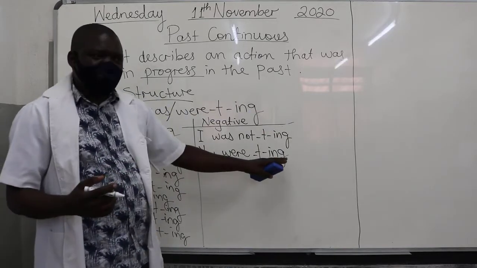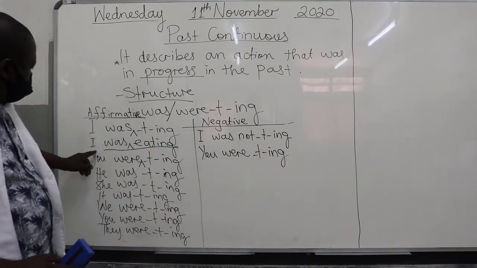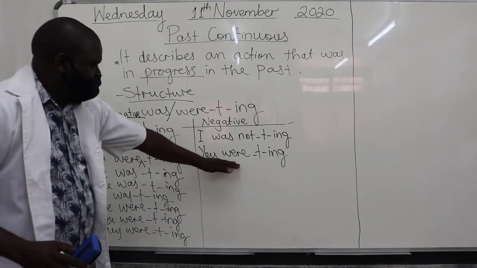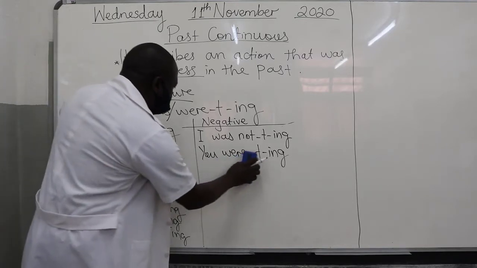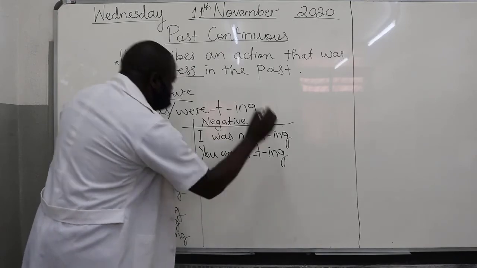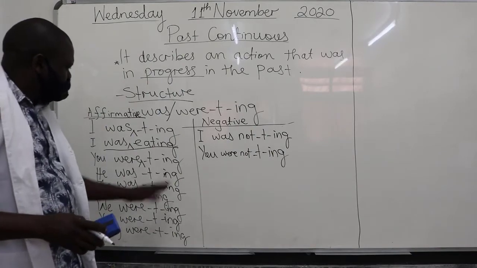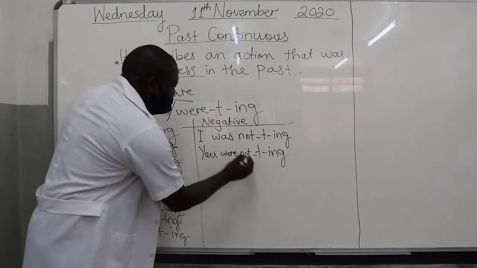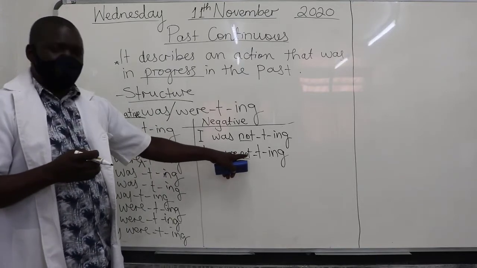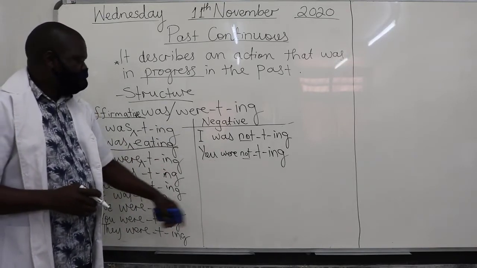So you can actually change all the rest of these phrases to negative form by simply adding not after the auxiliary verb. After was or after were, you put not. So they are in the negative form.